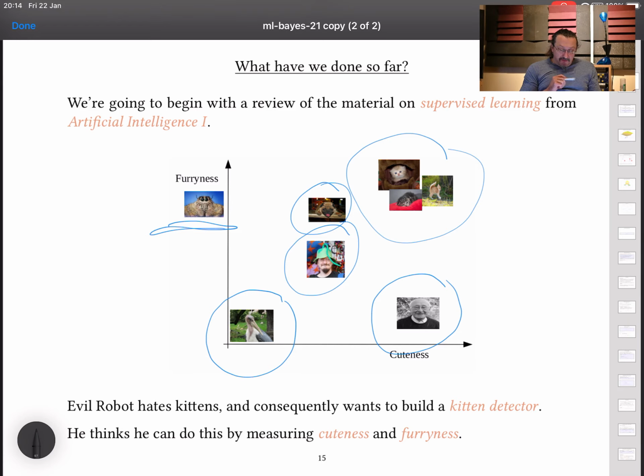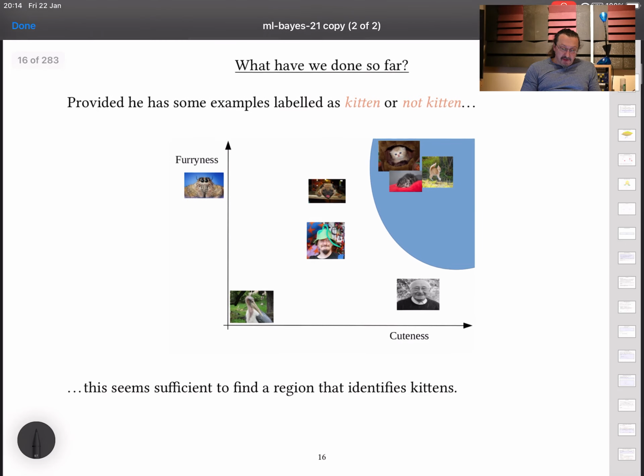Now, having done that, it seems fairly clear that Evil Robot might decide to detect kittens by choosing this particular part of the plane that's now marked in blue and just saying that anything that occurs in there I'm going to decide is a kitten. And based on this data that he's collected, this training data, that may or may not work just completely fine.